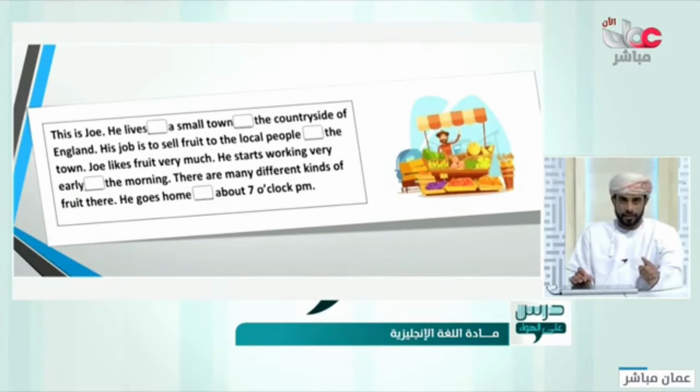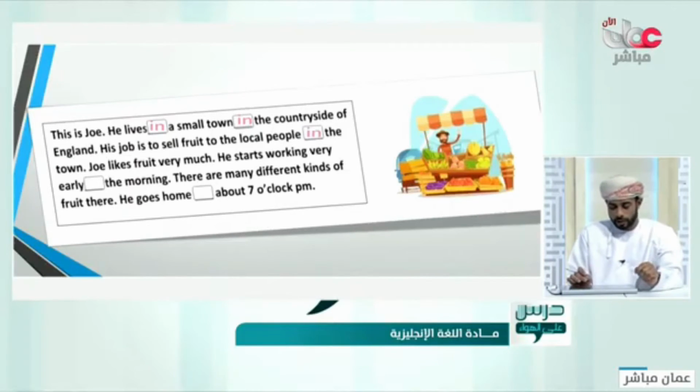Let's start trying. Okay. This is Joe. He lives in a small town, in the countryside of England. His job is to sell fruits to the local people in the town, also the town again, in the town. Joe likes fruits very much.